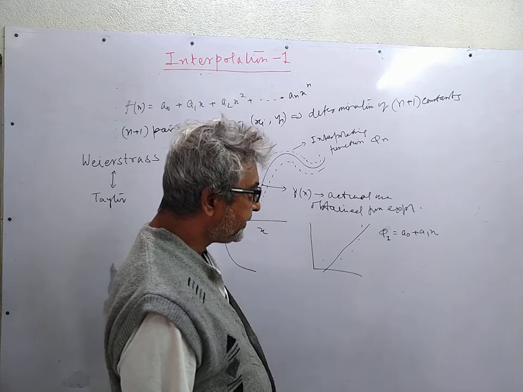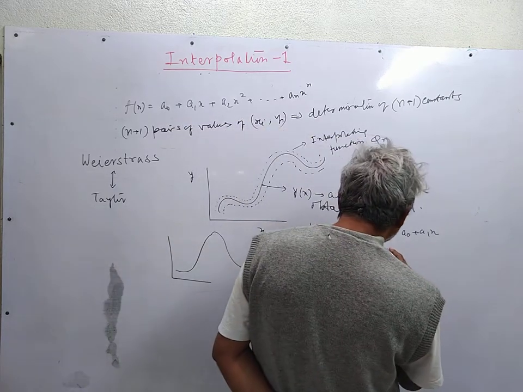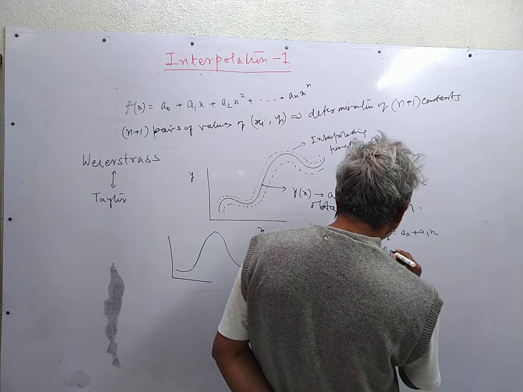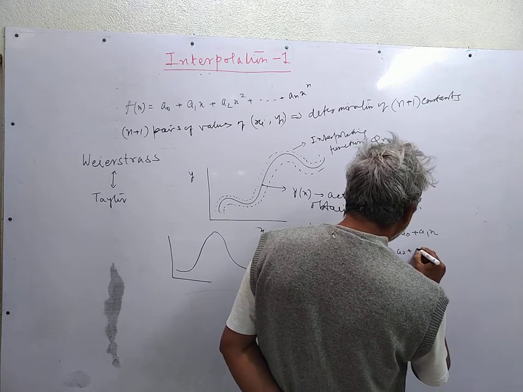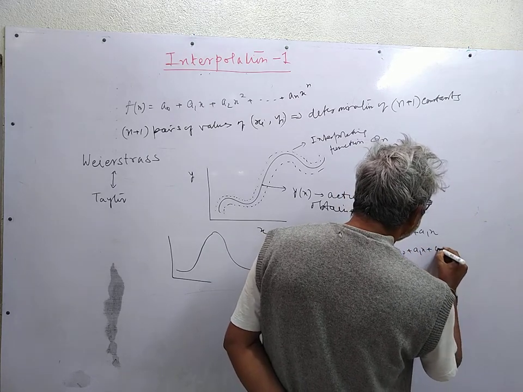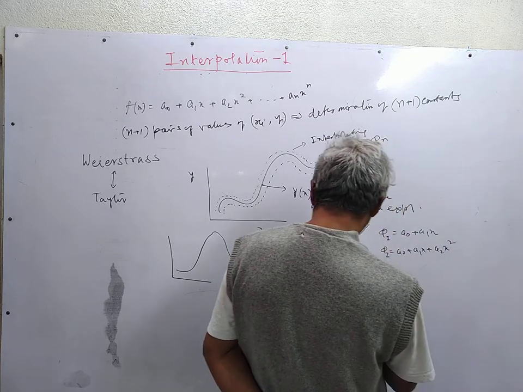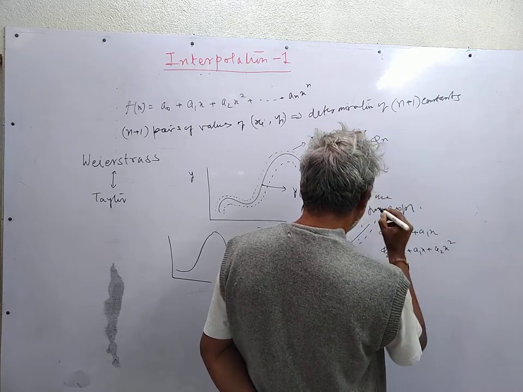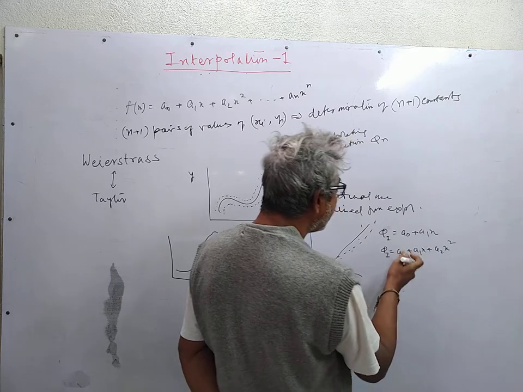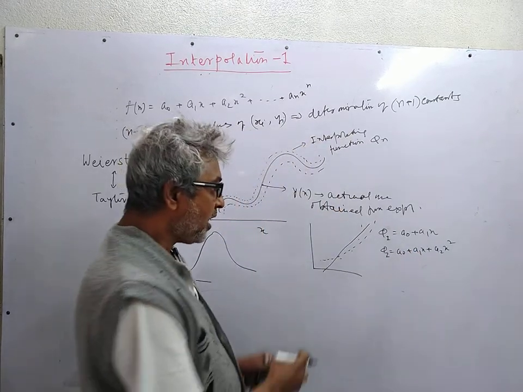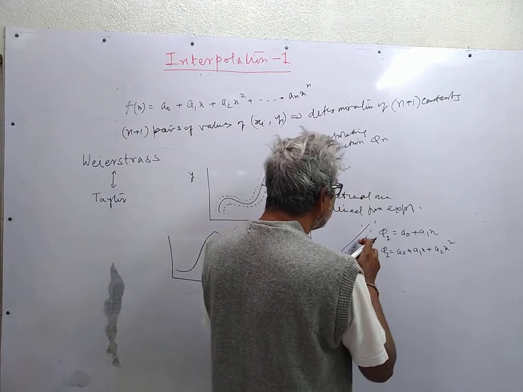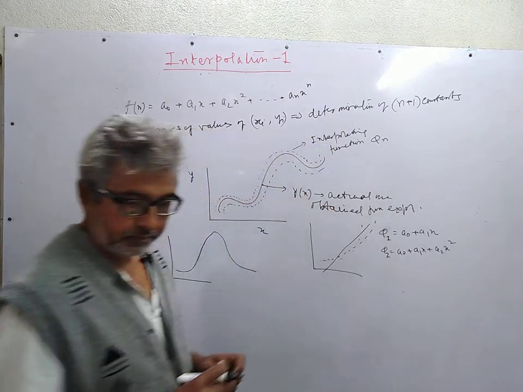If we were provided with three pairs of data, then the polynomial could have been a parabolic one, and we expect that the matching is a better one. And if we go on increasing the number of data, the actual data points will be matched better and better.